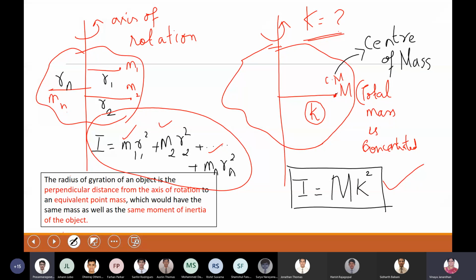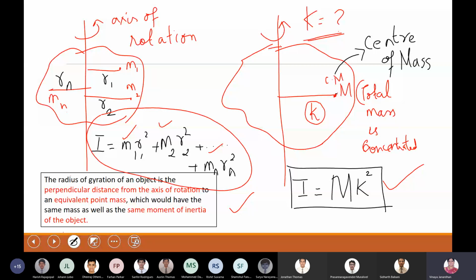Now, what is radius of gyration? Ma'am, should we write this? Yes, the statement you write, boys. Radius of gyration is the distance between the center of mass and the axis of rotation.